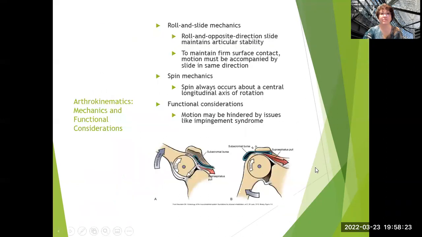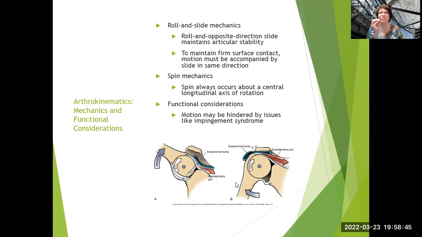So here's the picture of the shoulder joint. Roll and slide in opposite direction maintains articular stability. To maintain firm surface contact, the motion has to be accompanied by a slide in the same direction.